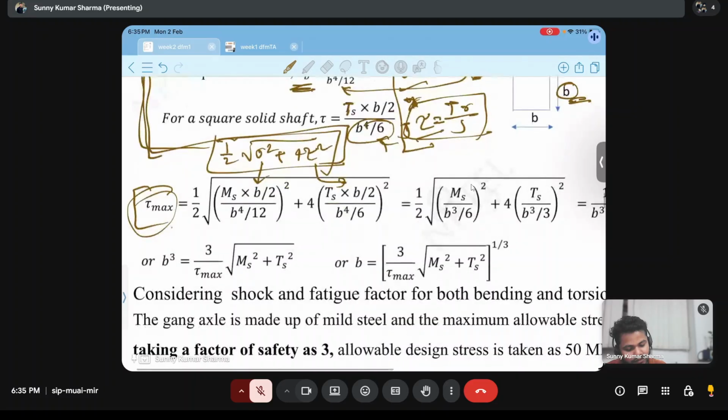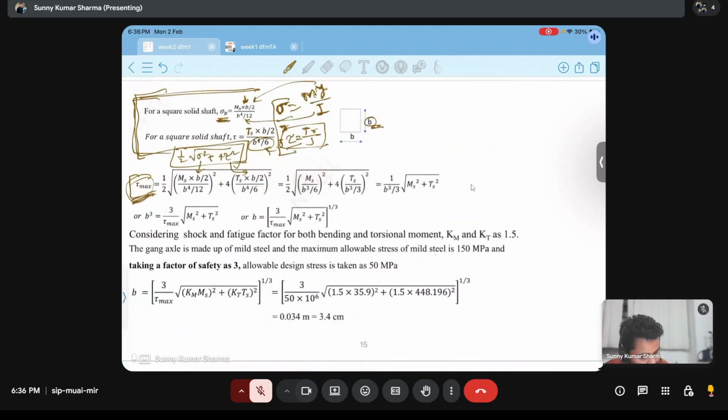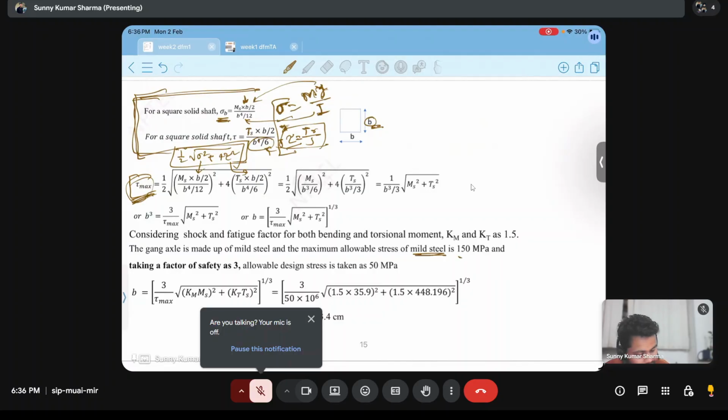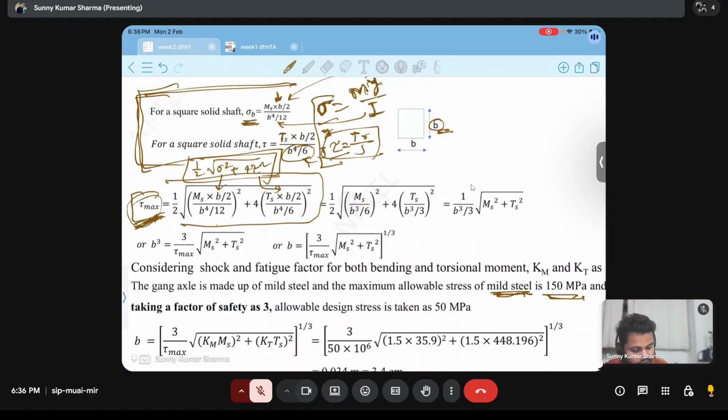So tau max will be the design stress of any material. Suppose this is for mild steel, then tau max will be 150 megapascal. So tau max depends on what material we are choosing. From here, everything is in b value only.